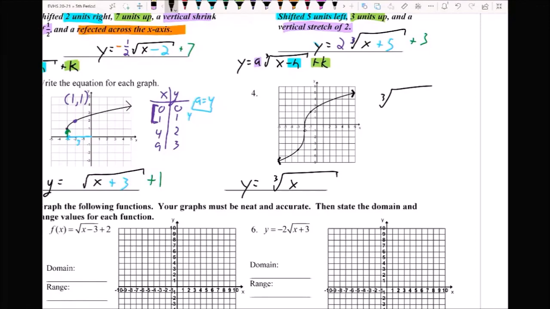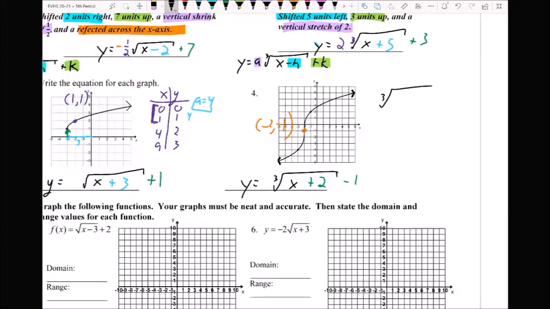Our center point is right here at -2, -1, which tells us our horizontal and vertical shifts. Our horizontal shift is going left by 2, so we're going to make that a +2. The vertical shift is down 1, so we make that -1.